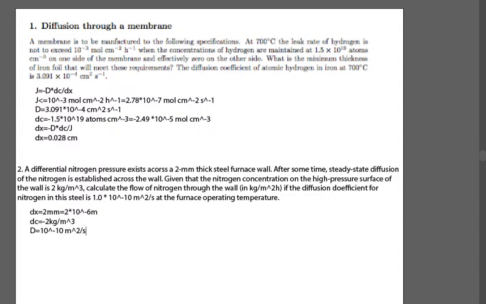But we want that in kilograms per meter squared hour, which means that we need to convert some stuff here. So 3,600 seconds equals 1 hour. So we just need to multiply that by 3,600.